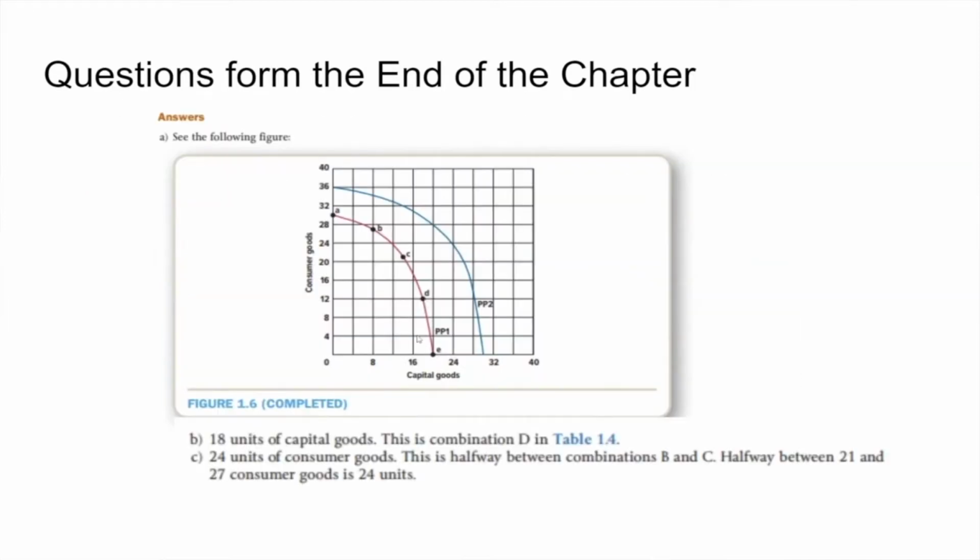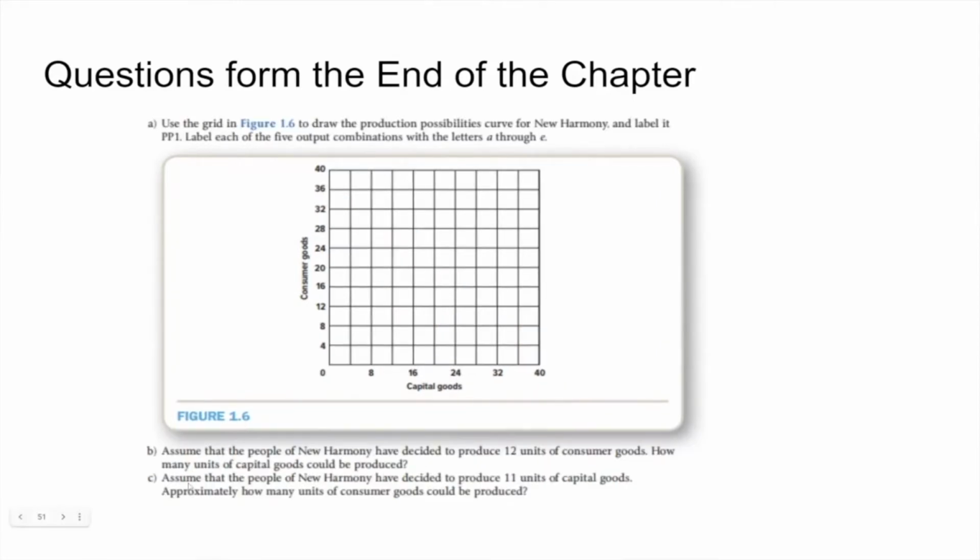C says, assume that the people of New Harmony have decided to produce 11 units of capital goods. Approximately how many units of consumer goods could be produced? So, okay, 11 units of capital goods. Again, we'll go to the table first, and we don't have an 11 here.